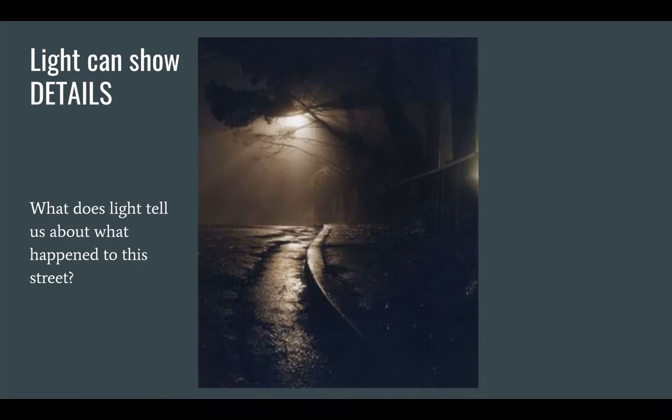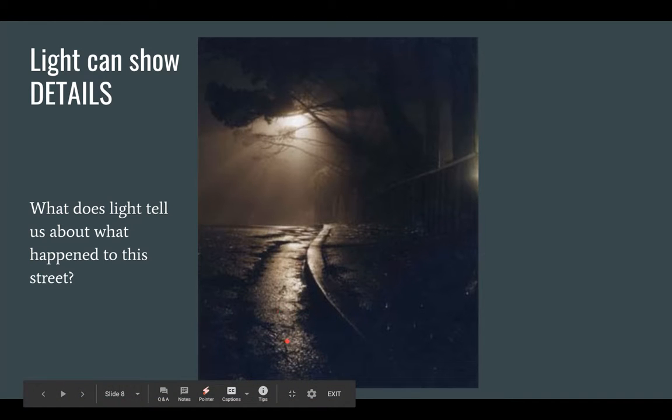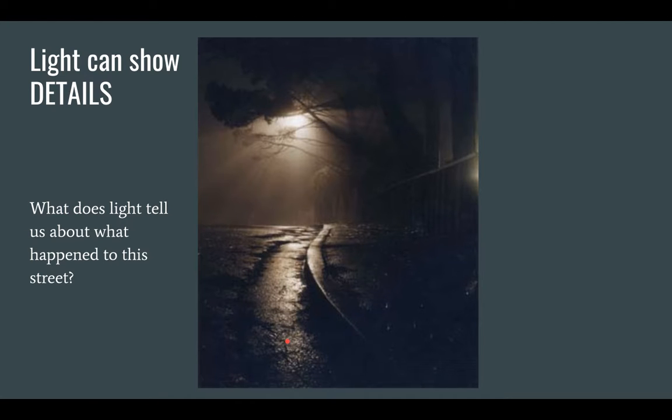Light can show detail. If you look at this picture, what do you think happened right before this picture was taken? If we look at the street and the texture of the street, we can see that it's wet. And so we can understand that it probably rained right before this picture was taken.